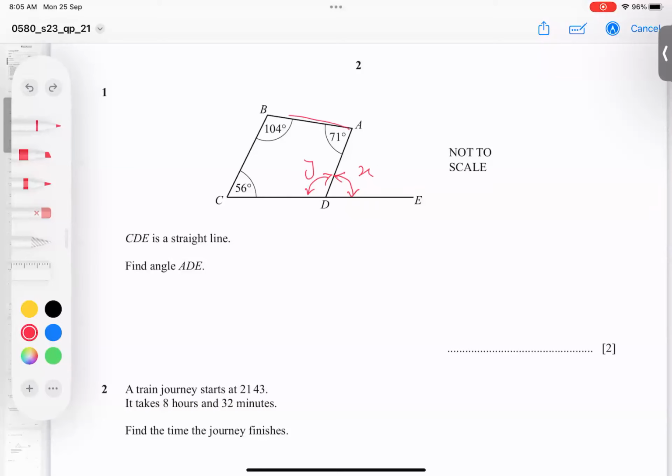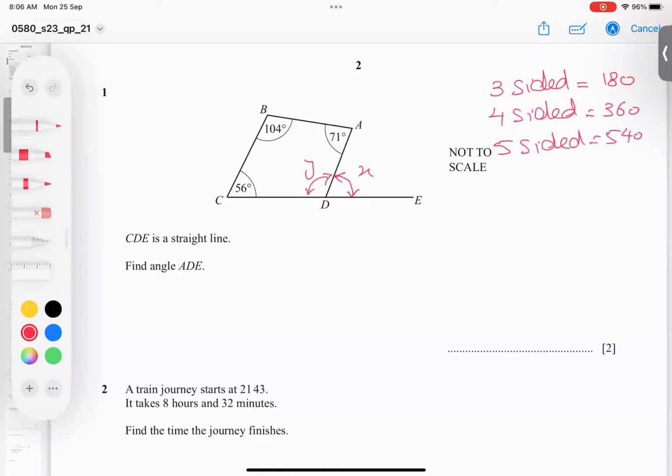So there's a four-side figure. Four-side figure sum is 360. Three-sided figure, the sum of the angles is 180. Four-side figure, you must know, is 360. And five-side figure is 540.